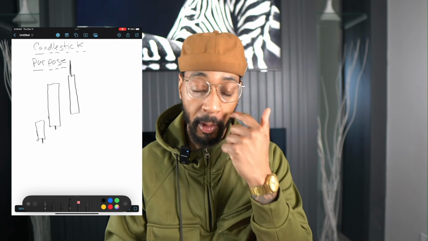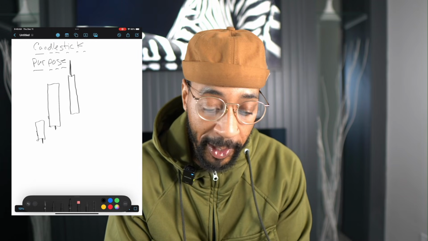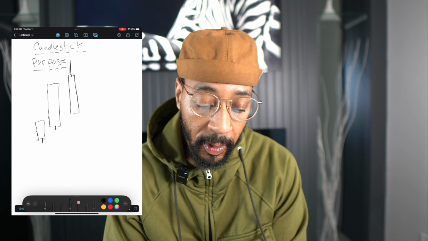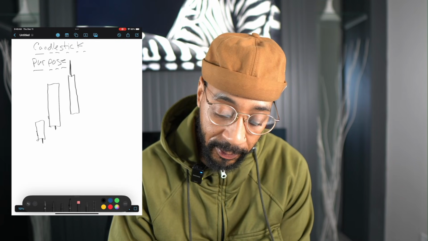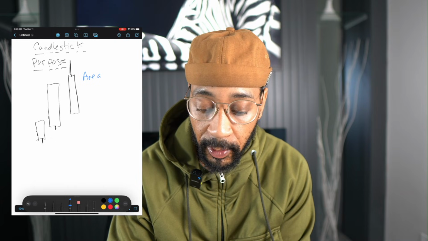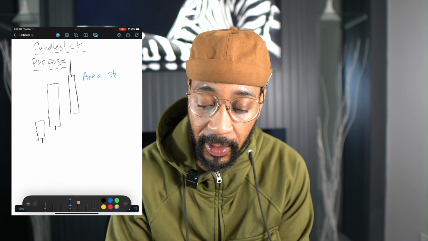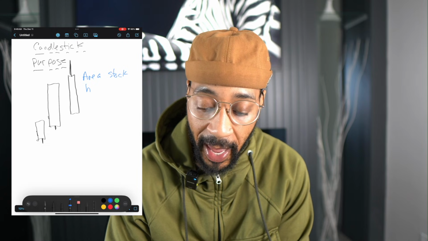So when you understand what the purpose of candlesticks is, it makes everything simpler, right? So all it is, is an area that the stock has to test.